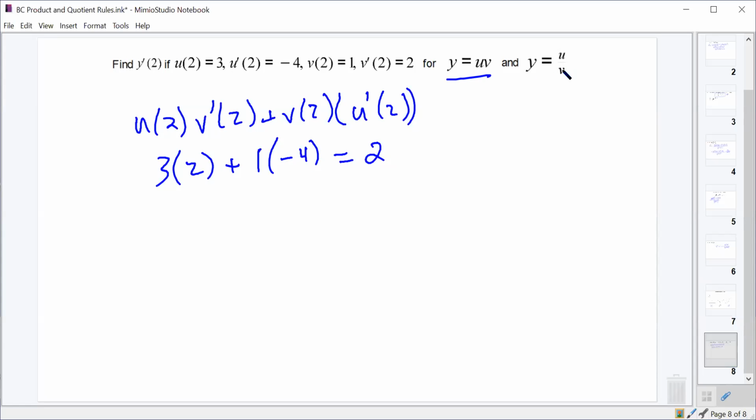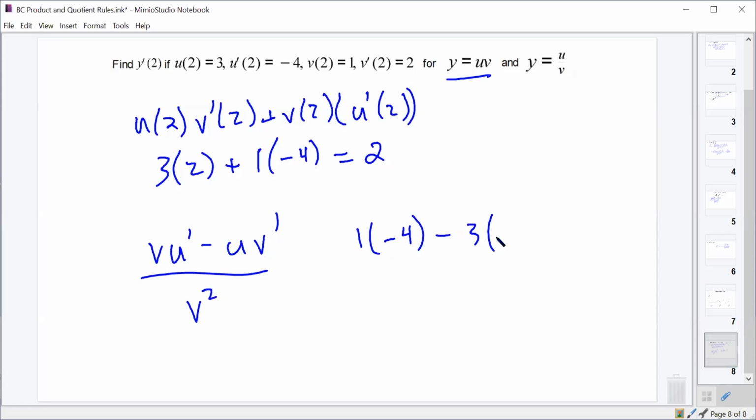And if we were doing u over v, then that should be v u prime minus u v prime over v squared. So in this case, that'll be 1 times -4 minus 3 times 2, all over v squared, which was 1.